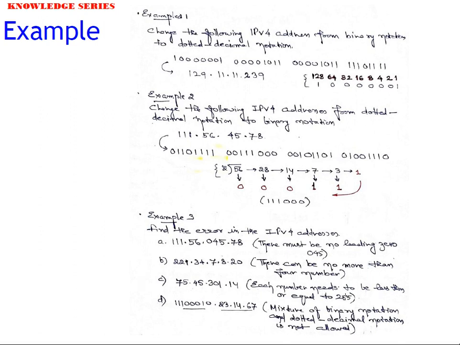Each number needs to be less than or equal to 255. Now here, you can see the representation of an IP with binary and decimal together. This is also a wrong way. You cannot have a mixed form of binary and dotted decimal notation. So these are simple examples which will be an eye-opener for you.